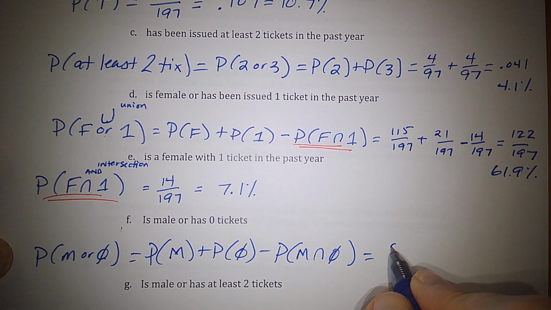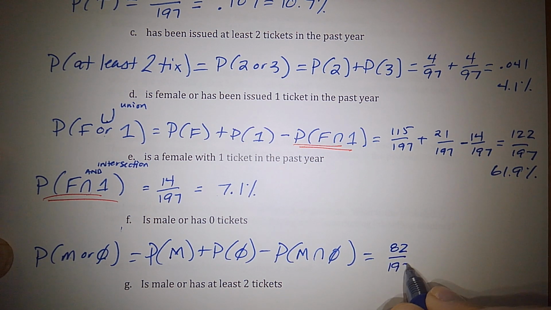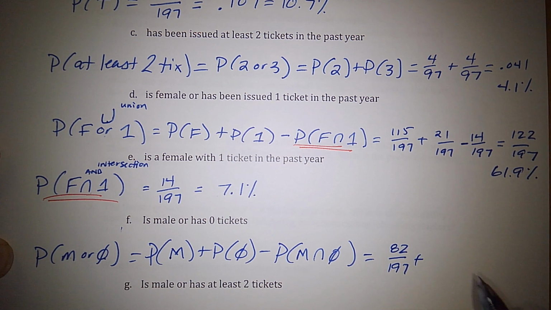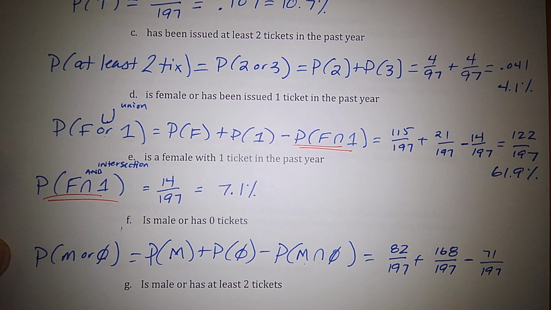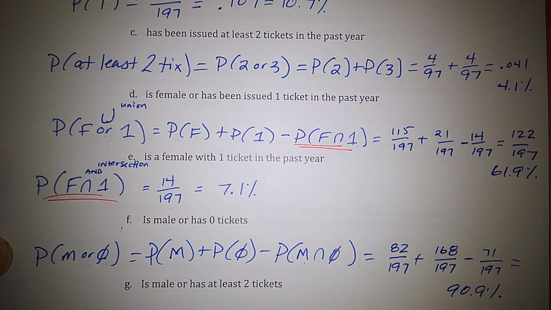There are a total of 82 males in the study. There are a total of 168 drivers that received 0 tickets. But then we have to subtract out the probability of a male and receiving 0 tickets at the same time, and there were 71 males with 0 tickets. So this is going to come out to 90.9%.